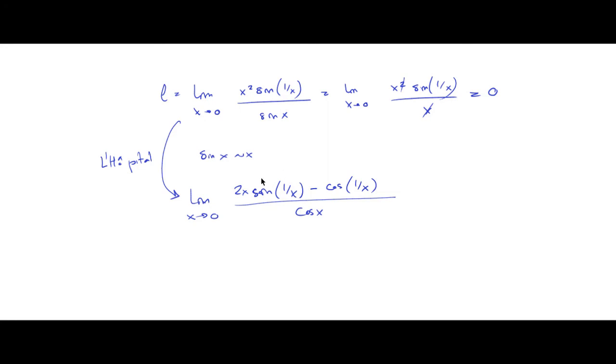But now this denominator is going to be 1, right? This 2x sine term is going to be 0, so you have the limit when x goes to 0 of the cosine of 1 over x. This limit doesn't exist, okay? So we can't say that this is equal to this, okay?